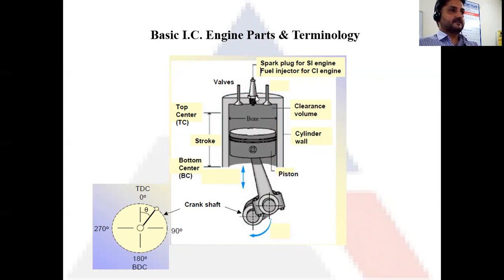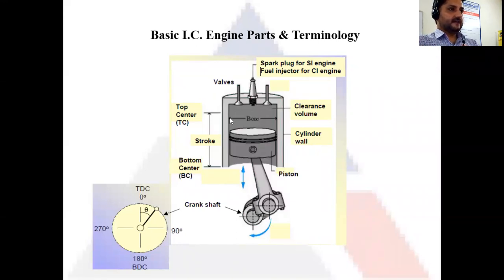At the middle of the cylinder we have a spark plug if it is a petrol engine or SI engine, spark ignition engine, or we have a fuel injector if we have a compression ignition or diesel engine. So the spark plug is installed in petrol engines, and the fuel injector is installed in diesel engines.